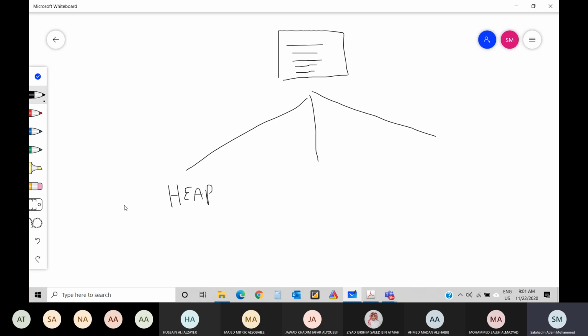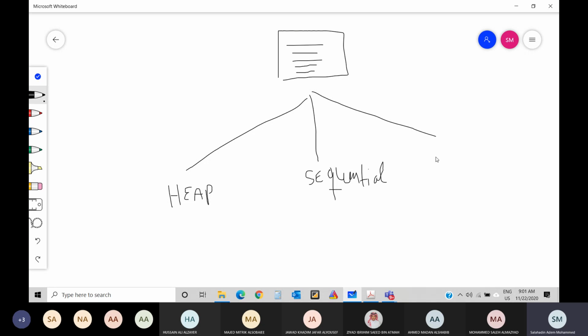We don't order anything, we just store it. Or we can have a sequential way. First of all, we sort them maybe by ID, one of the columns, and then we store them sorted. This is called sequential way. So this is the second way how we store the tables in the disk.